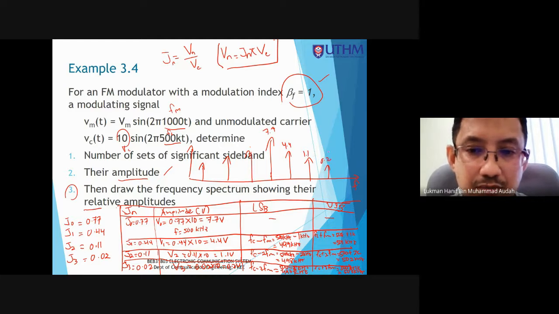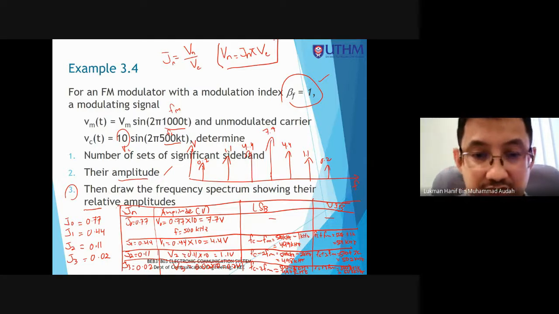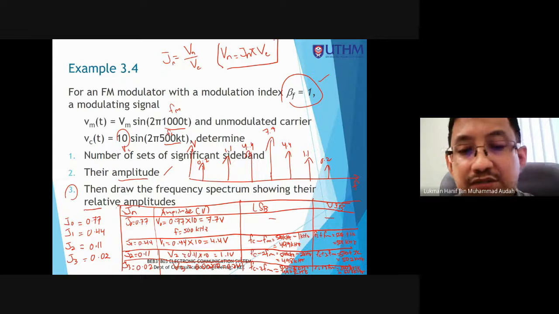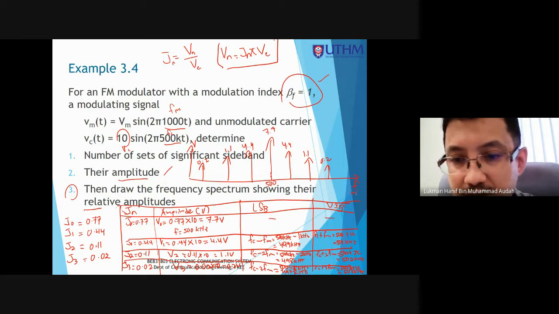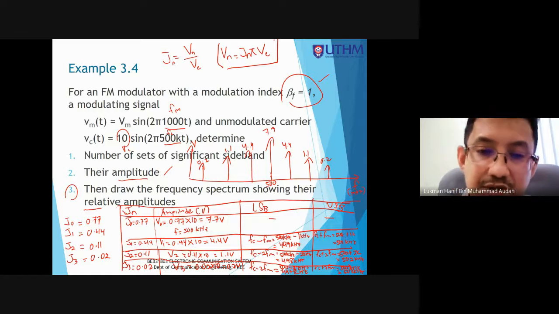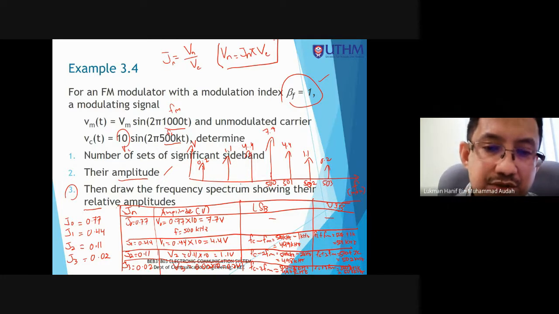This is 0.2. So this is actually voltage versus frequency. And remember, we need to label the frequency as well when we draw the spectrum. So here is 500. Katalah ini adalah kilohertz. So this is 501, 502, 503. This is 499, 498, 497.